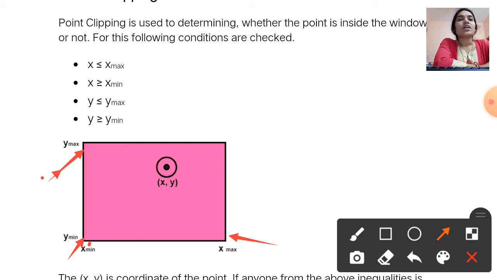So point clipping is used to determine whether the point is inside the window or not.